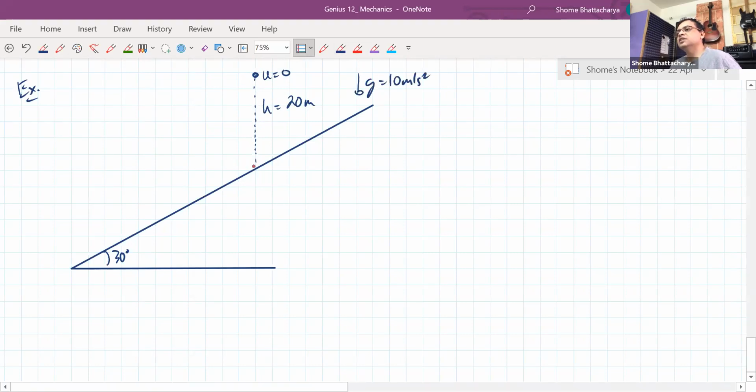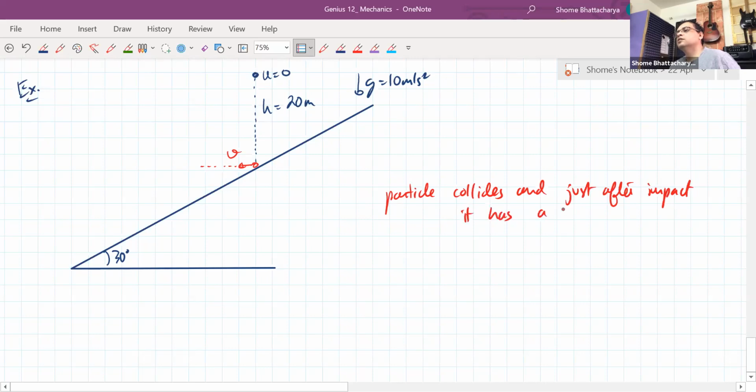Now, what is observed is that just after the impact, this particle has a horizontal velocity. So the particle collides, and just after impact, it has a horizontal velocity.